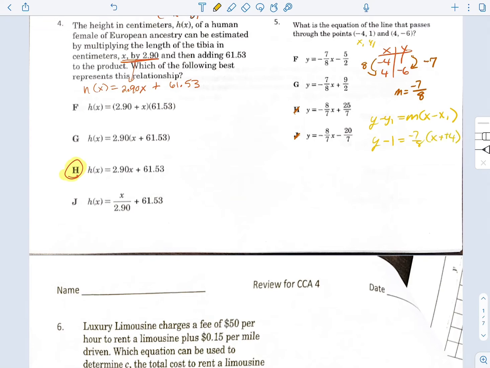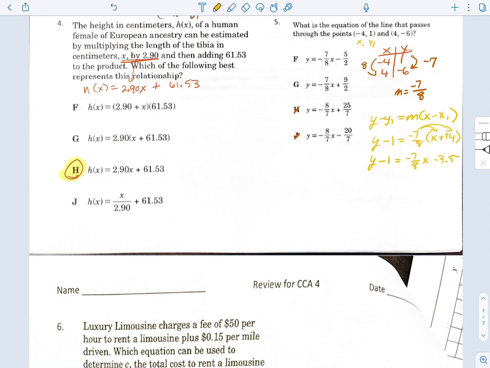That double negative becomes plus positive. Then we distribute the -7/8 inside, so this becomes -7/8x. And then -7/8 times 4 becomes -7/2, or -3.5.